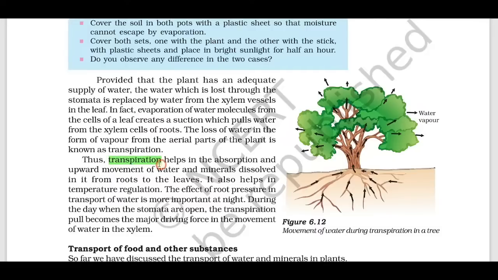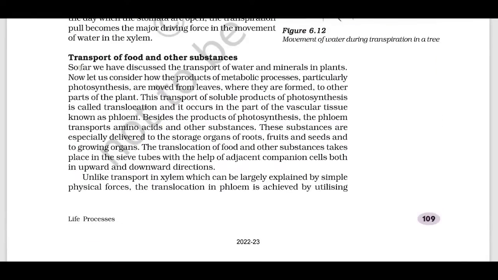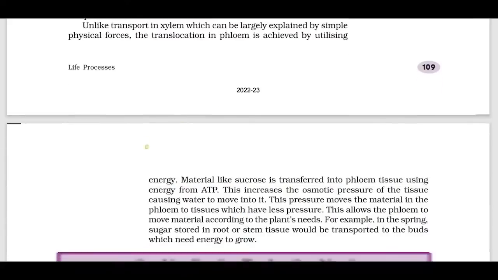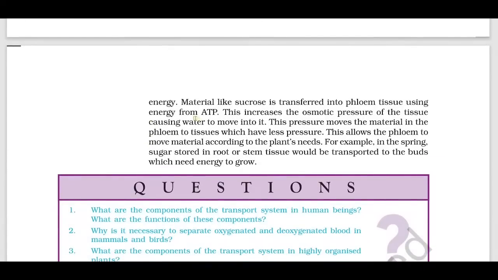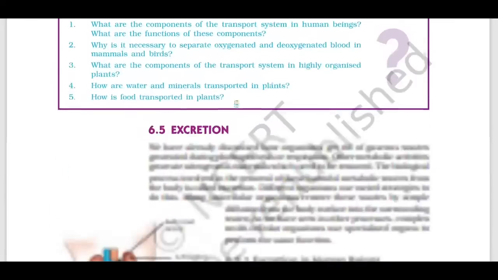Transpiration is the loss of water from the plant body, whereas translocation is the transportation of food. So how is the food transported, using what? ATP molecule. You already know that ATP is used to carry out endothermic reactions, or energy is released.